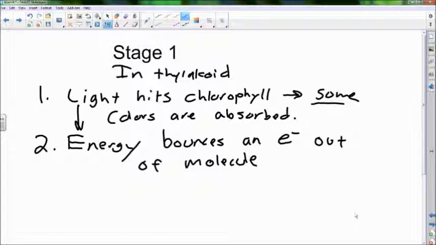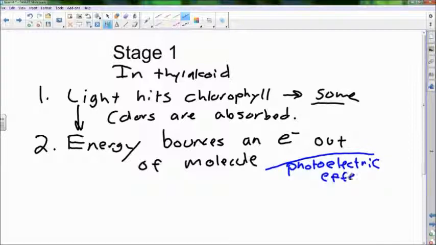And this process here has a scientific term. We call it the photoelectric effect. Photo meaning light, electric as far as the electron.